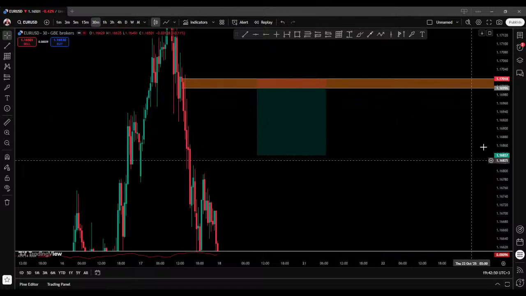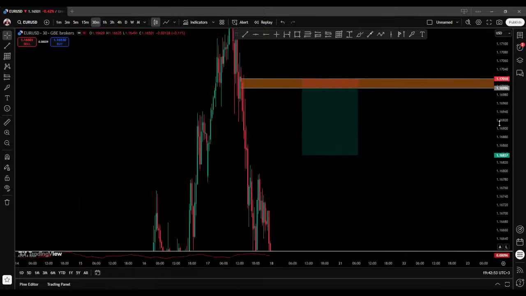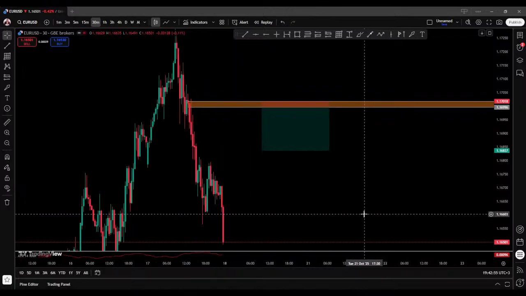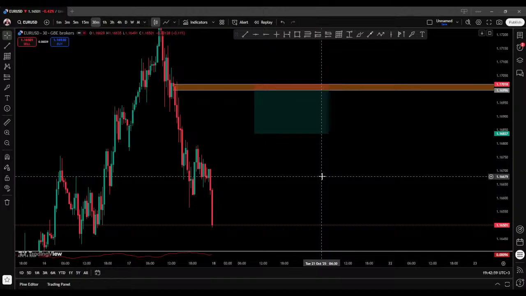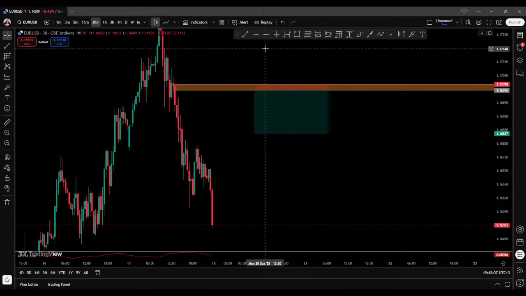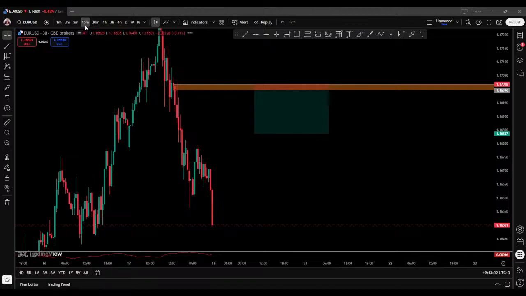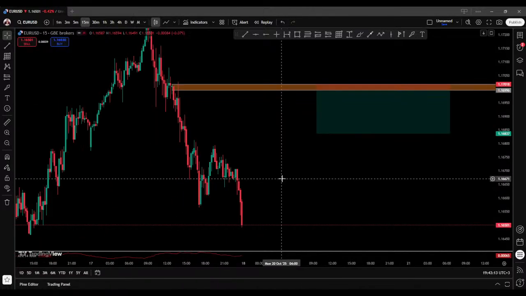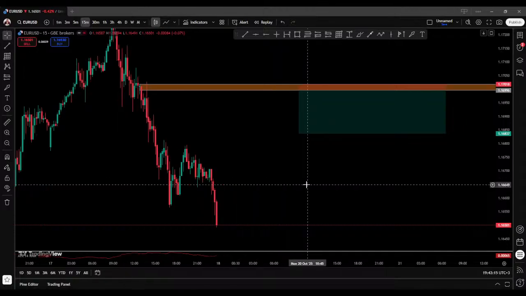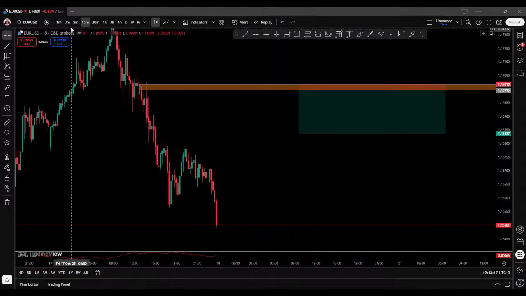This is Euro USD. So we need to know where will our target be? We need to look for a target, because we know that this market will still come up. So if you don't see a target, it will be crazy. Let's go to this is 15 minutes. I still can't see anything.